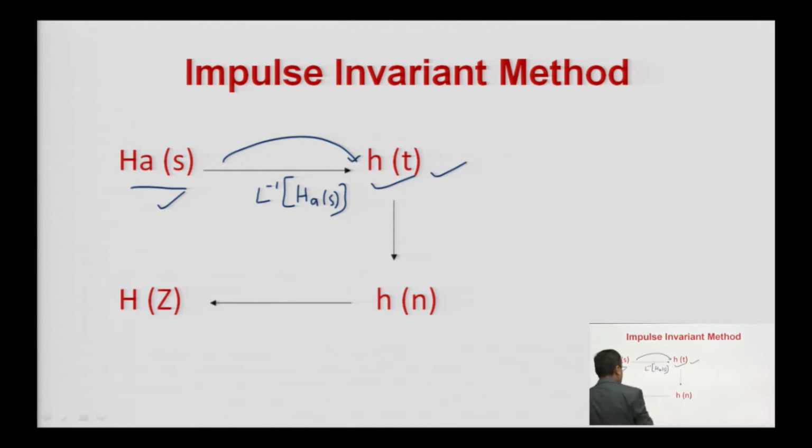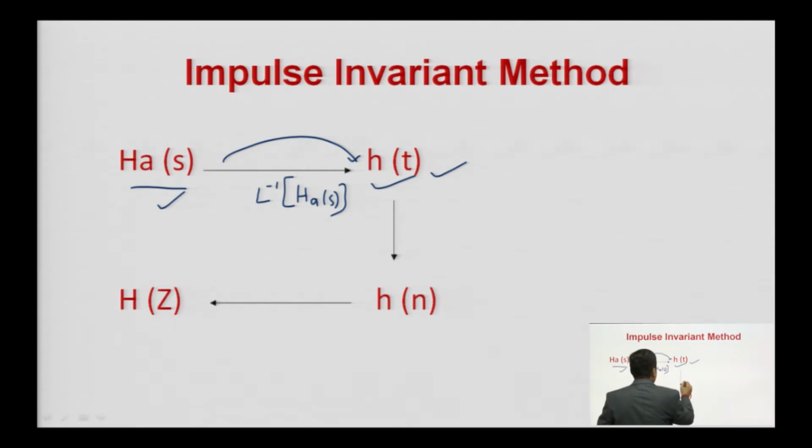Initially H(s) is given to you; always the analog filter specification or analog filter parameters, like the transfer function of the analog filter, are given to you. So, in the first step you have to convert into h(t).